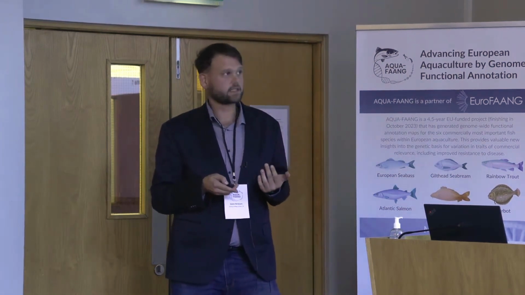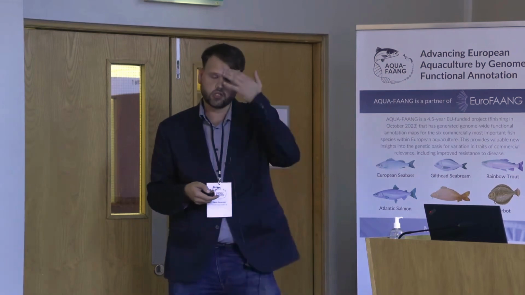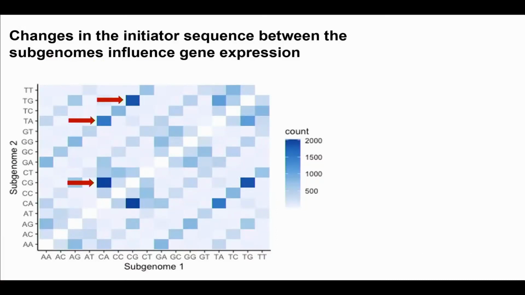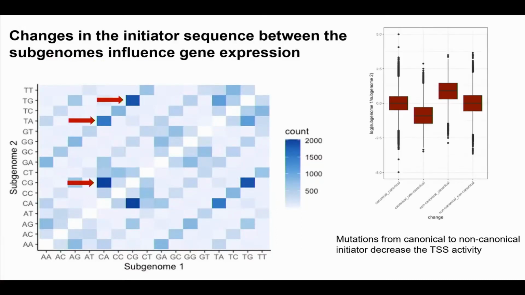The question is what happens if we have a canonical initiator transitioning into a non-canonical initiator, or the other way around. What we see basically is that if we have a canonical to a non-canonical transition, the expression of that particular transcriptional start site drops, while if we have a transition from a non-canonical initiator to a canonical initiator, the expression rises, which means that there is first an evolutionary pressure, and it might be a source of subfunctionalization as well.